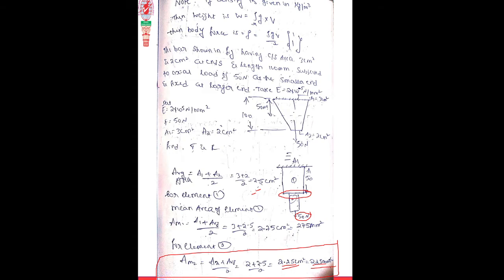Someone should say K1. Do it fast. Tell me what is K1, then K2, then finally the global stiffness matrix. Do it fast.